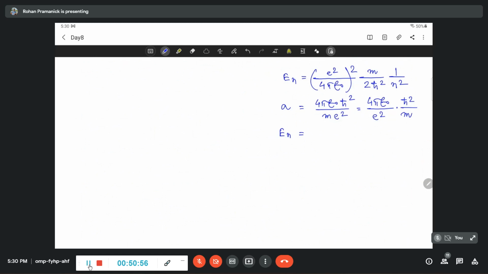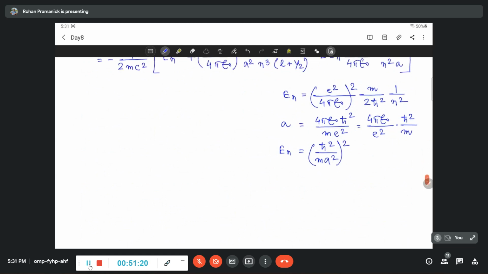So this becomes h cut squared by m a squared, and this is squared. Fine.